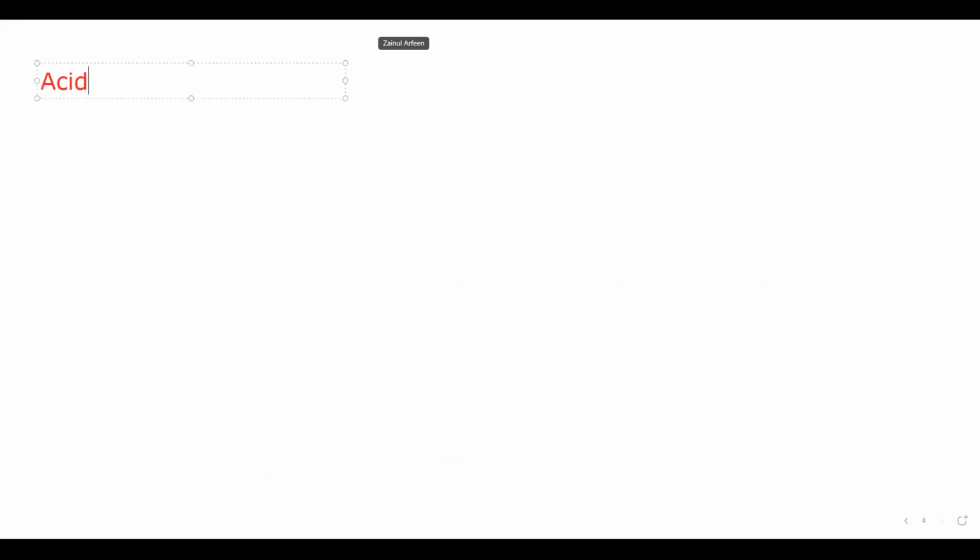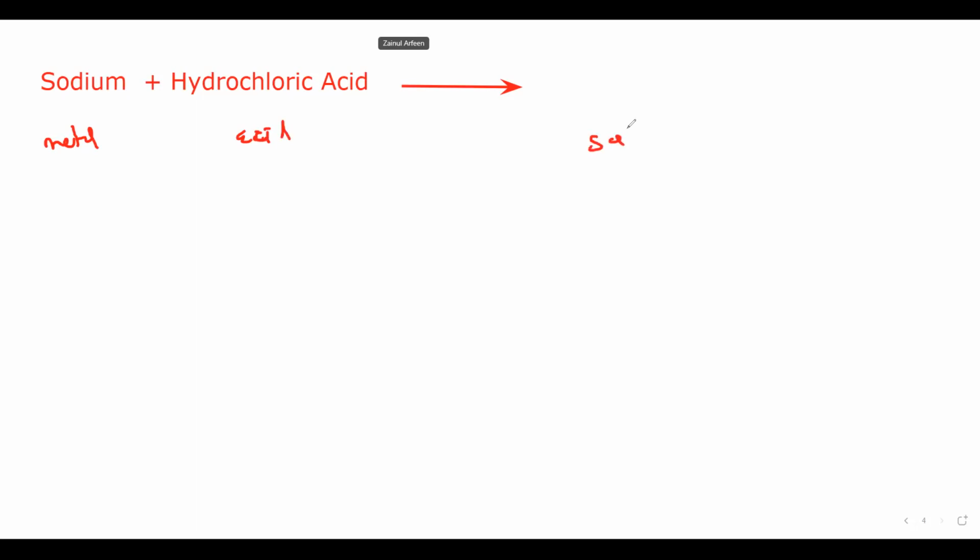If I say hydrochloric acid is mixed with sodium, what will be the result? Sodium is a metal, and hydrochloric acid is an acid. So metal plus acid, the result should be salt and hydrogen.